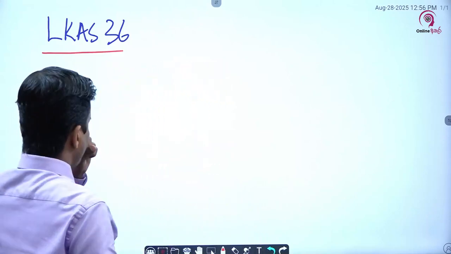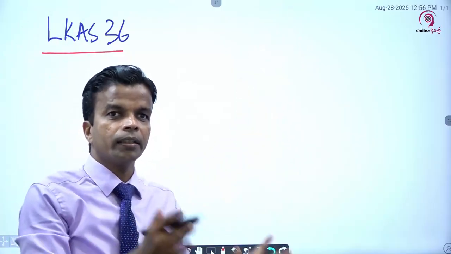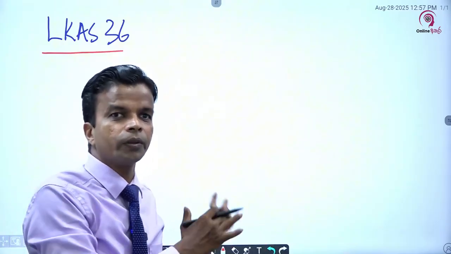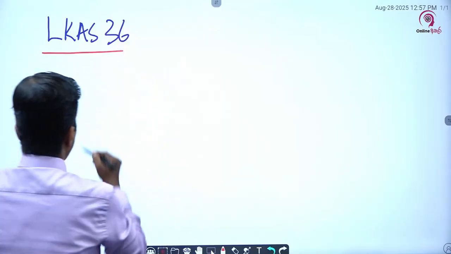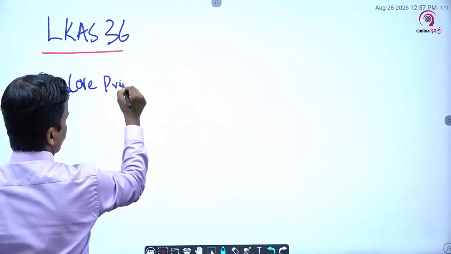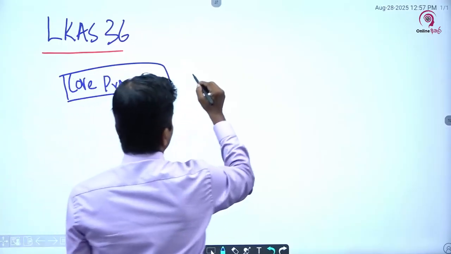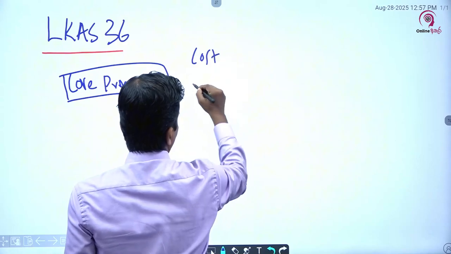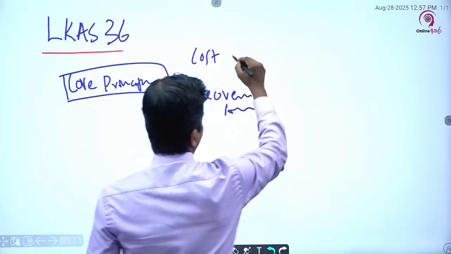Okay. Firstly, we know impairment means if the value goes down, recognize that reduction in value as impairment loss. That is why the impairment standard comes in, right? So the core principle in impairment is you compare your cost with recoverable amount, right?